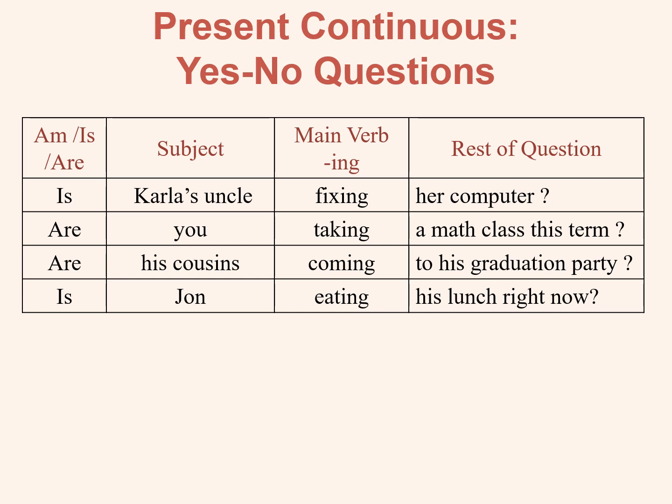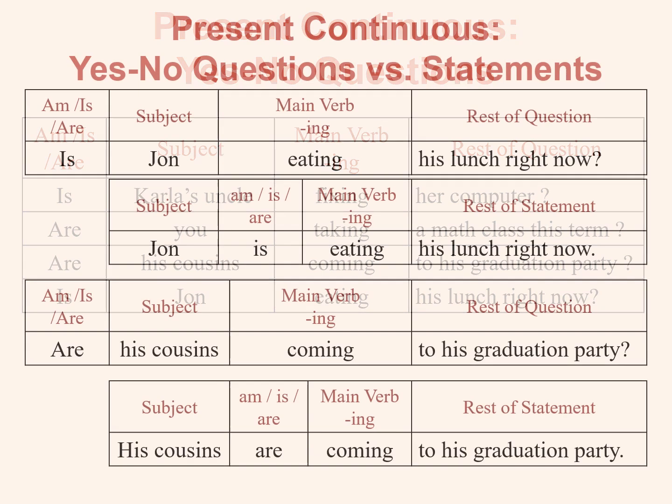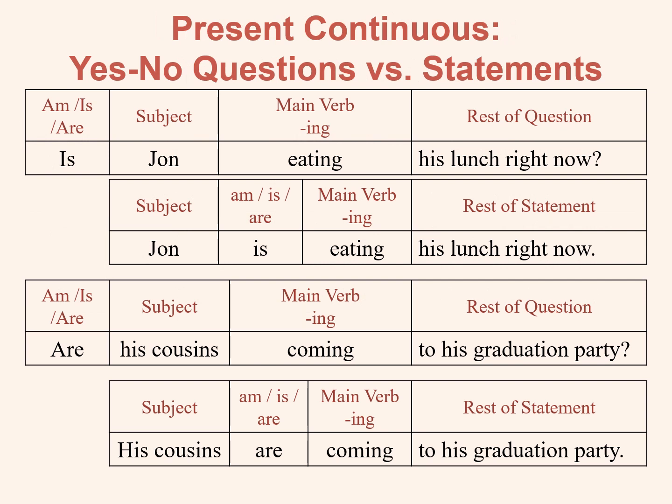This pattern of auxiliary, subject, and the main verb and the rest of the sentence is the typical pattern for yes-no questions in English. Present continuous. Yes-no question word order versus statement word order.